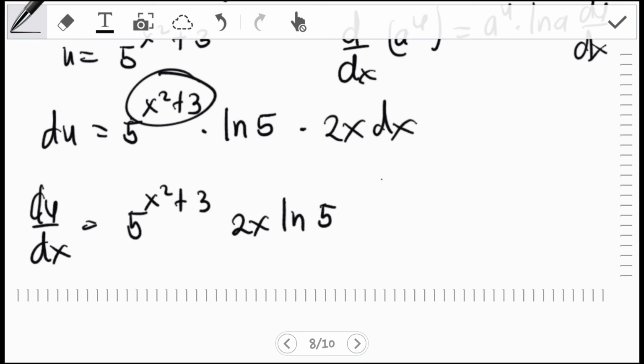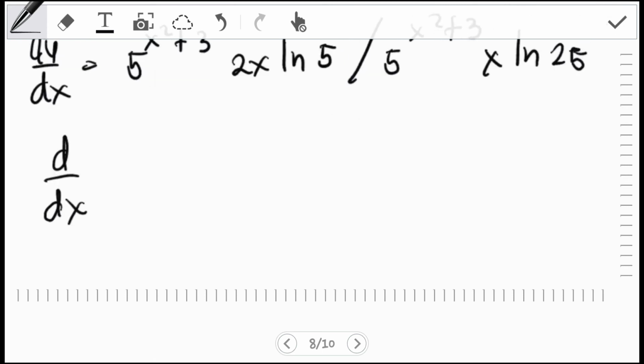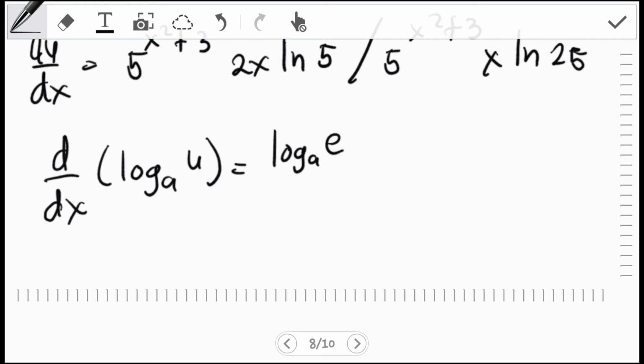Or we can write it like this: 5 to the power x squared plus 3, then 2x ln 5, over u. Which is d over dx of log to the base a of u is equal to log to the base a of e, du over dx over u.